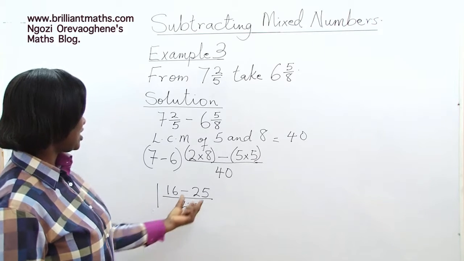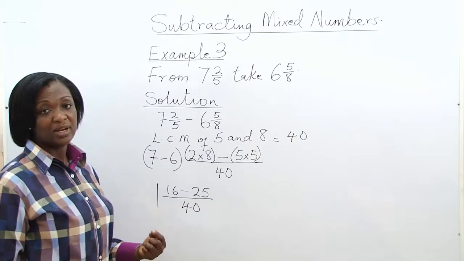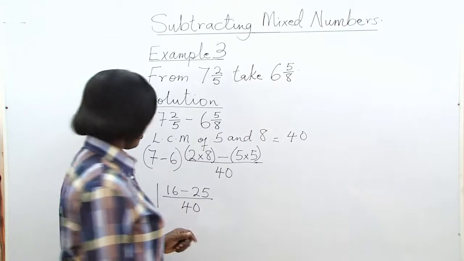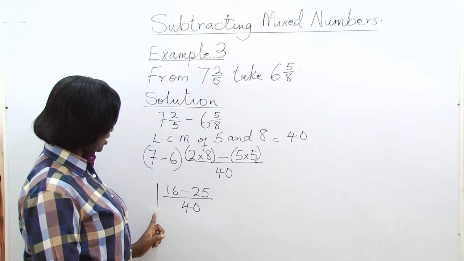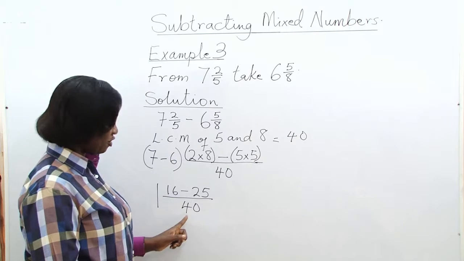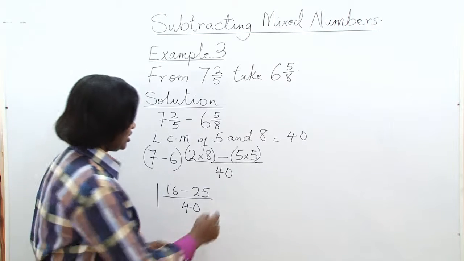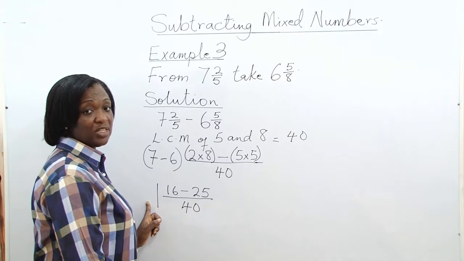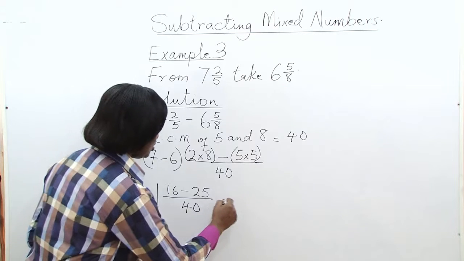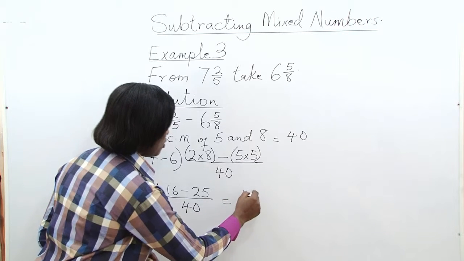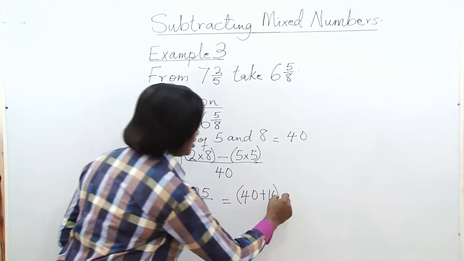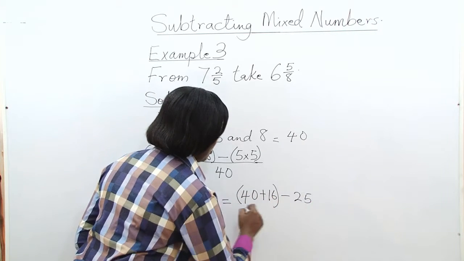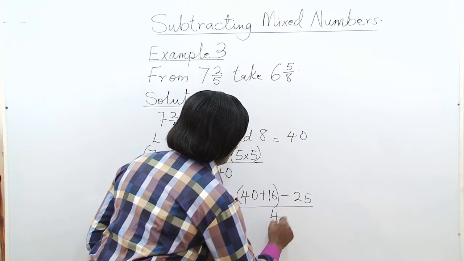Again, we are subtracting a bigger number from a smaller one, so we need to borrow. We need to borrow this one. And when we borrow this one, the value of this one will be 40 out of 40. And we'll have nothing left in the whole number part. So that's equal to 40 plus 16, take away 25 all over 40.